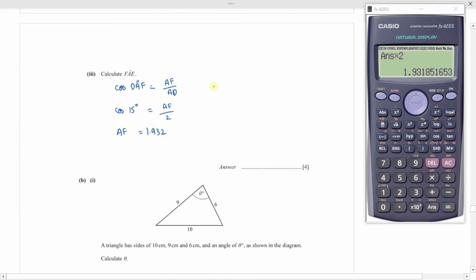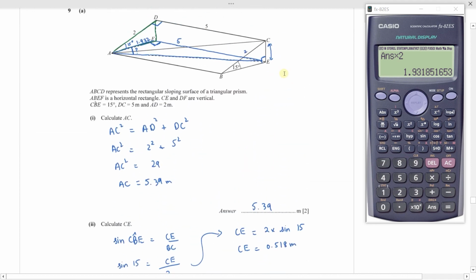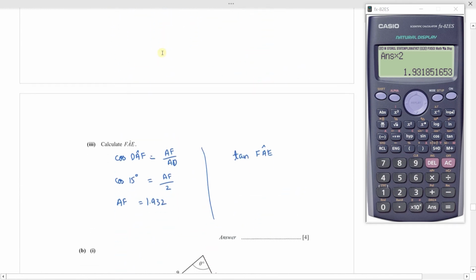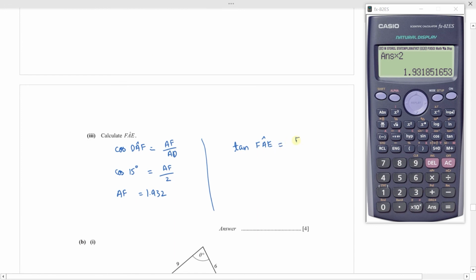So tan of angle FAE will equal this FE over AF. So length FE over length AF.